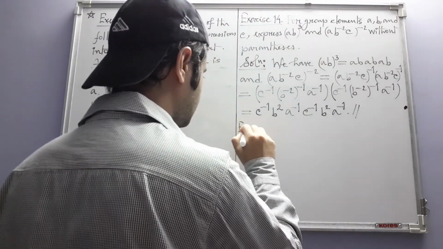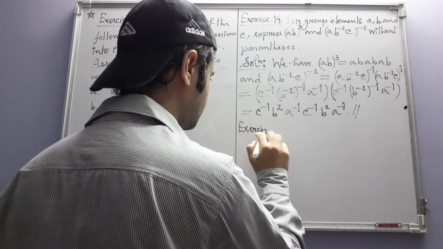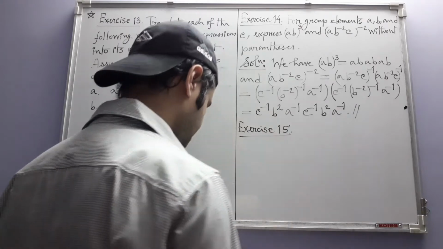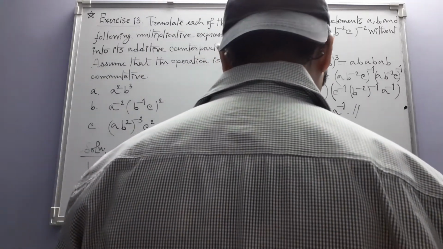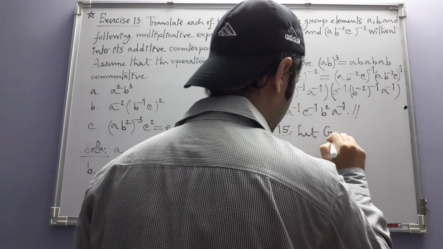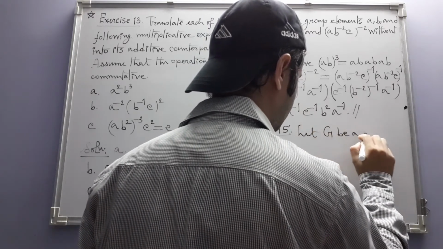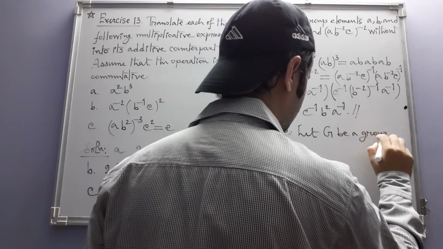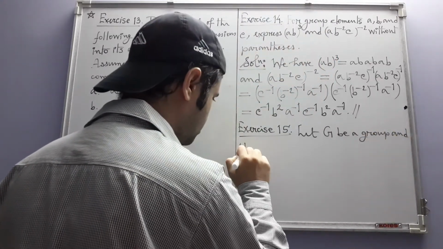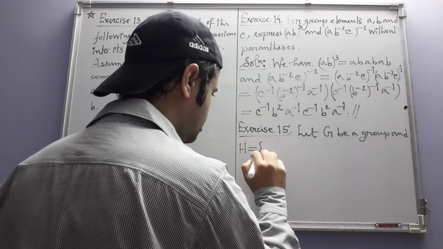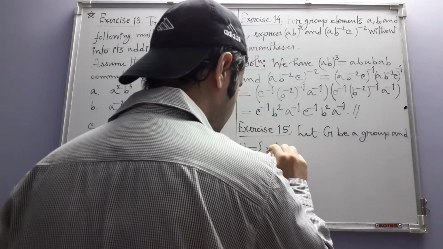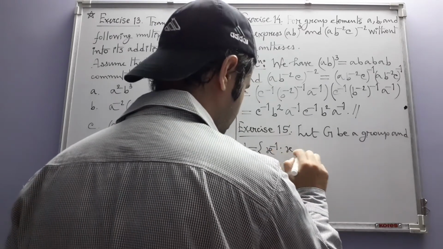Then exercise 15. Let G be a group and H is the set of the inverses of all the group elements.